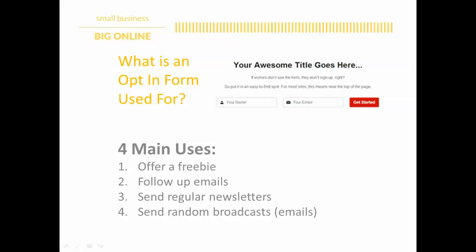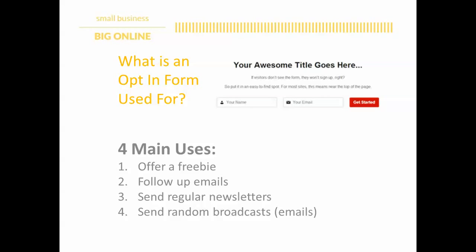So, an opt-in form, as I said, is pretty standard. On the right it's not a very clear picture, but at the top you can see that you need a really great title, one that really captures the attention of your website visitor. Underneath you can pop in a little explanation about what they're opting in for, the benefits perhaps, and then there's the actual opt-in form itself that captures the name and email.